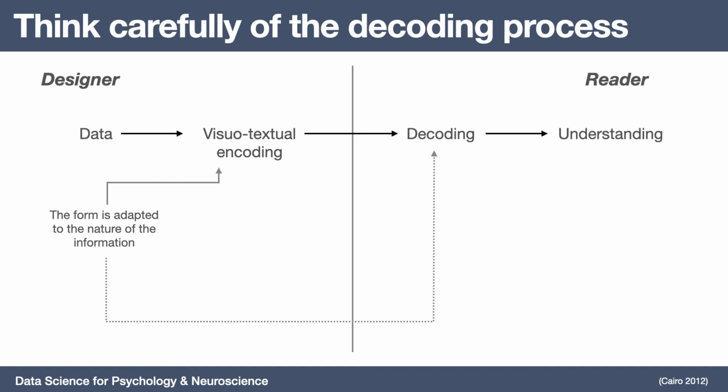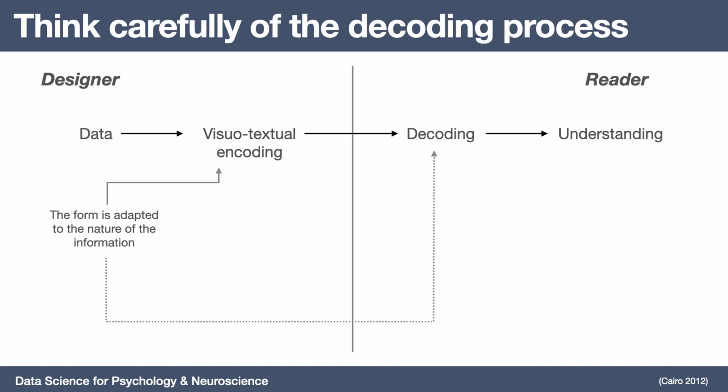So how this visual textual coding relates to or facilitates decoding depends a lot on the nature of the information you're trying to present. Now, when you're talking about scientific literature, often that is pre-specified by the variables you're looking at. So it's a lot easier when you're talking about the context of a scientific study as opposed to, let's say, a journalism article about spending on prison populations.